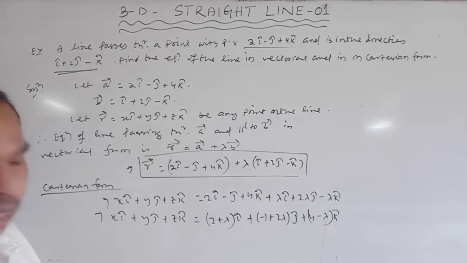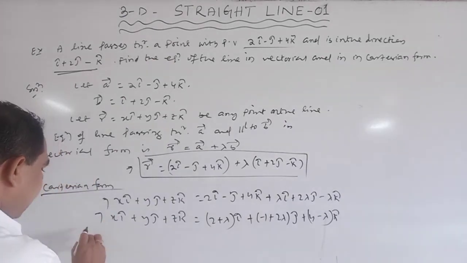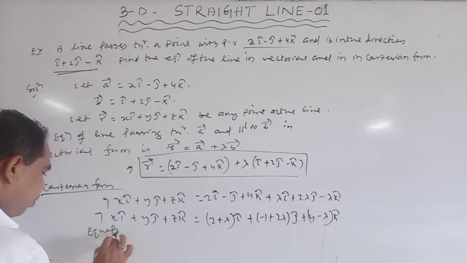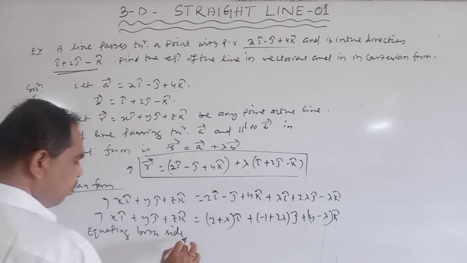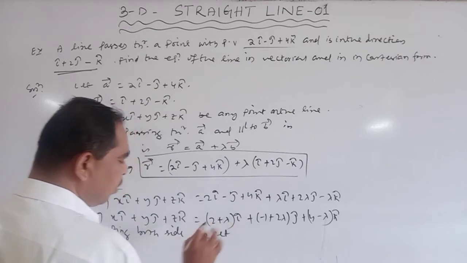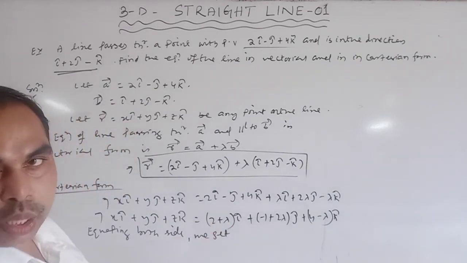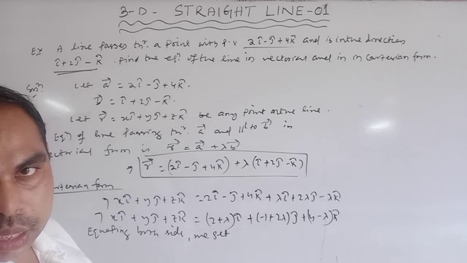Okay, so equating both sides, equating means I coefficient is equal to I coefficient, J coefficient is equal to J coefficient, K coefficient is equal to K coefficient.